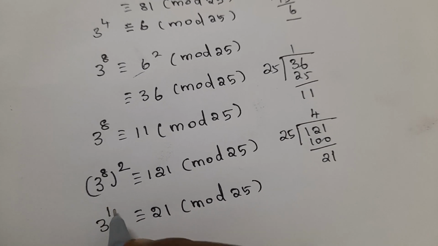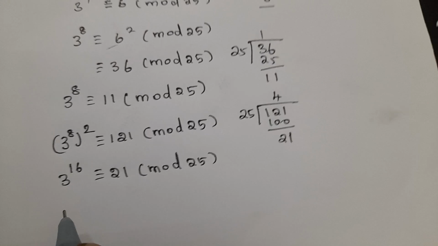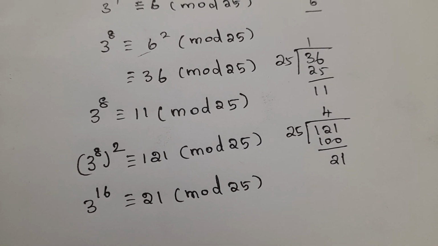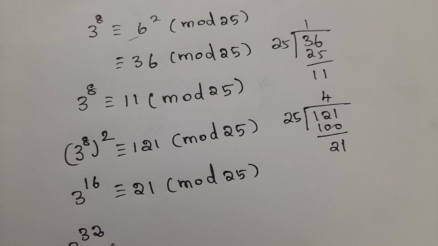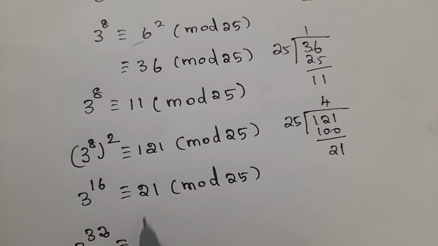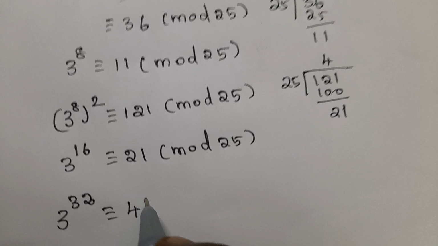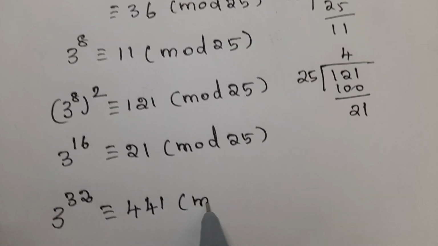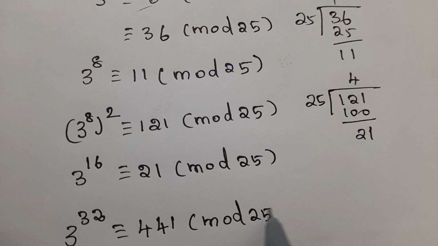This is 3 power 16. Again, taking square on both sides, we get 3 power 32, which is congruent to 21 squared, that is 441, mod 25.